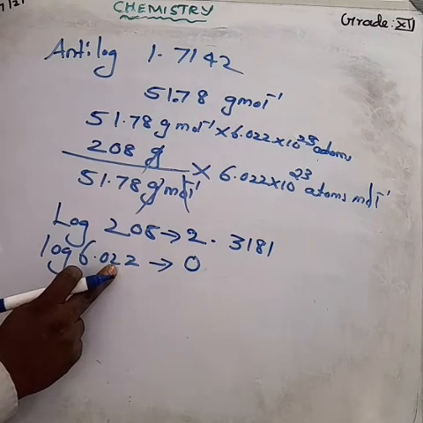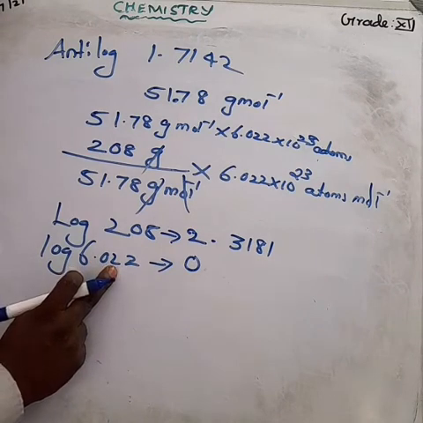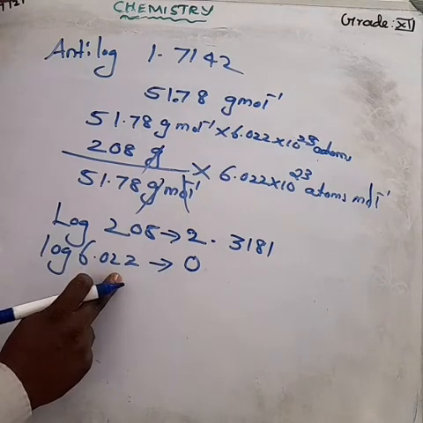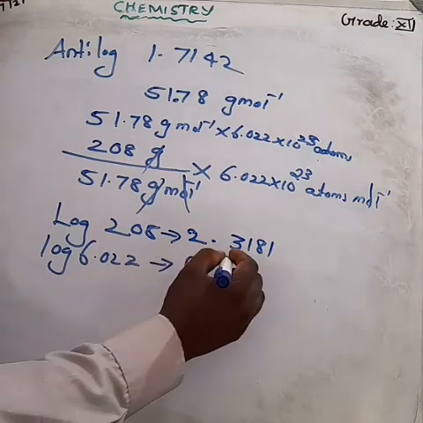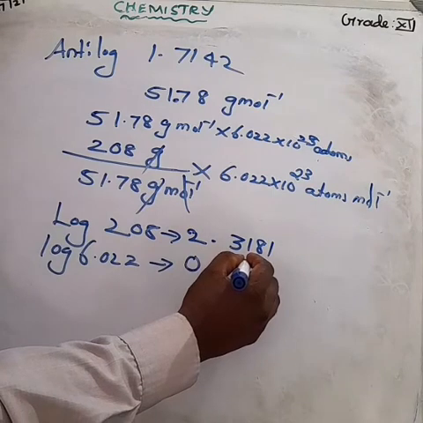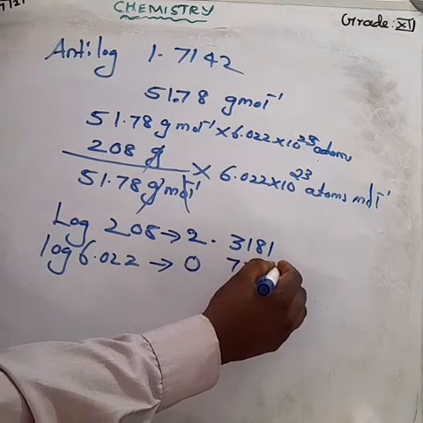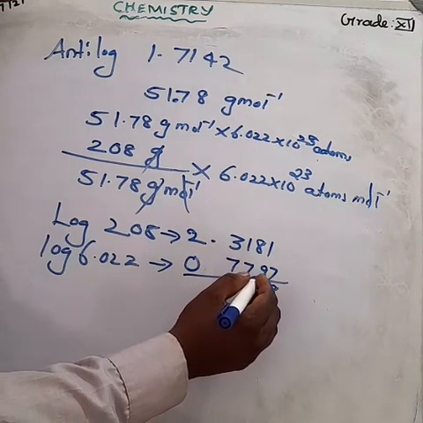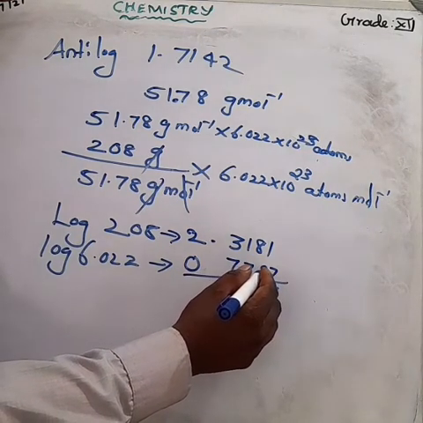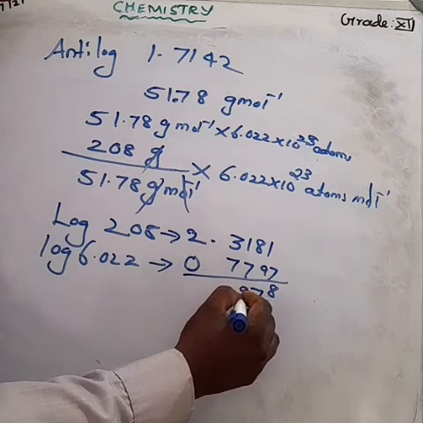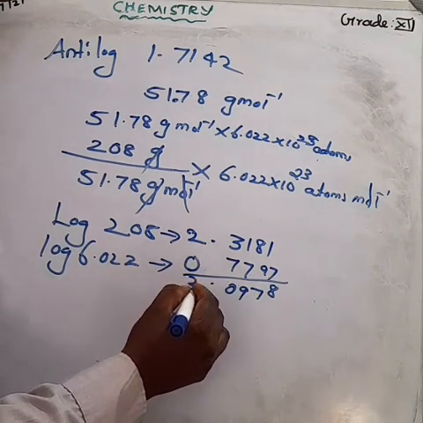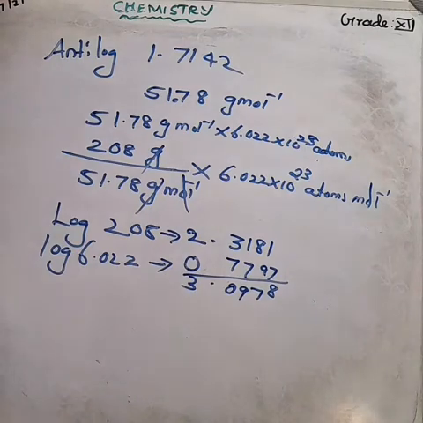Then 60 versus 2 is 77, and adding the mean difference we get 7797. Just adding: 7 plus 1 is 8, next 7, next 9, next 0 point. Here 2 plus 1 is 3.